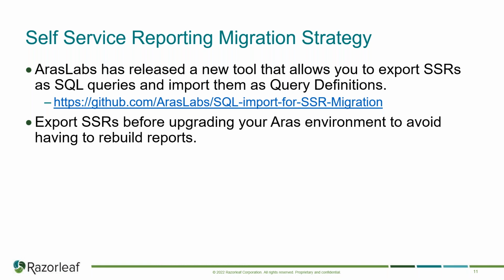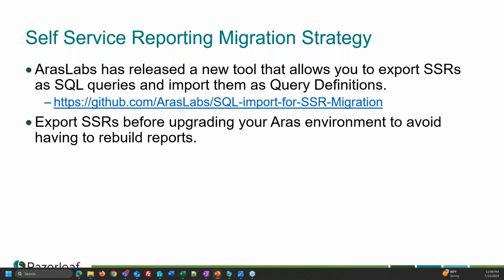So if you are making use of those, there is a tool that Aras put out on Aras Labs to export your SSRs as SQL queries, import them as query definitions, and then use those query definitions to generate new reports making use of the new reporting application. All right, with that, let's go take a look at the new Innovator.